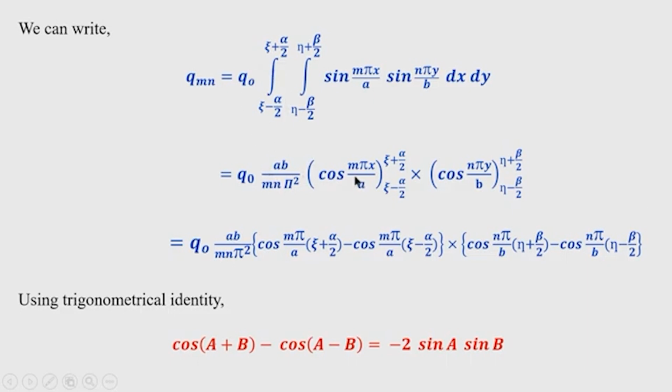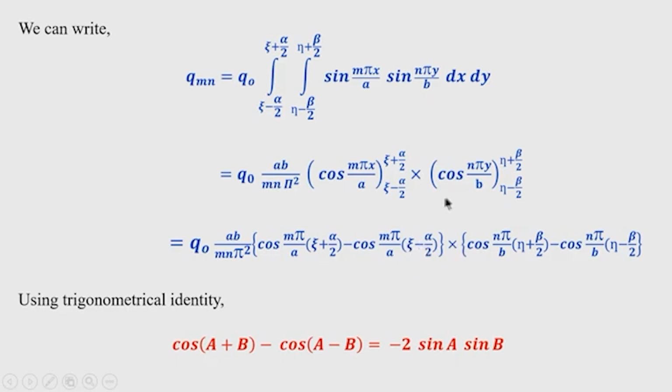After carrying out the integration, when the limits are substituted, you get a function like this: cos(m pi by a into (xi plus alpha by 2)) minus cos(m pi by a into (xi minus alpha by 2)).